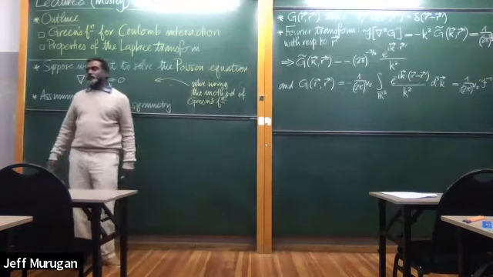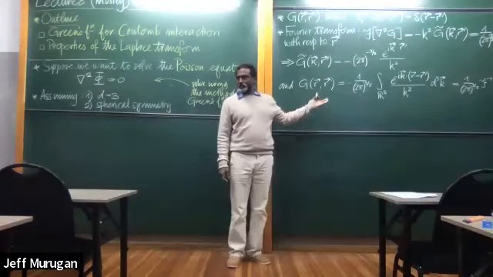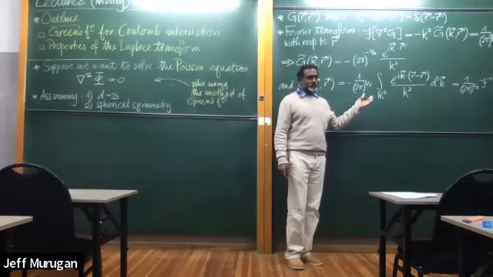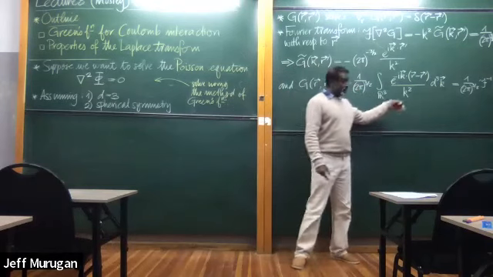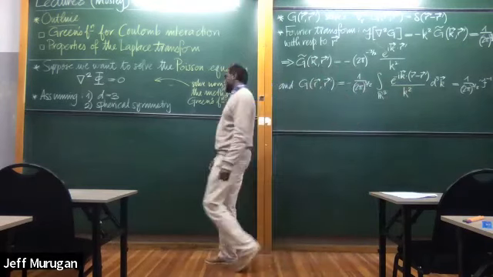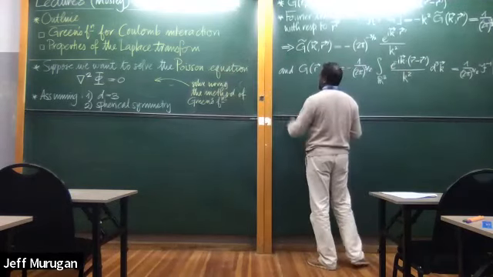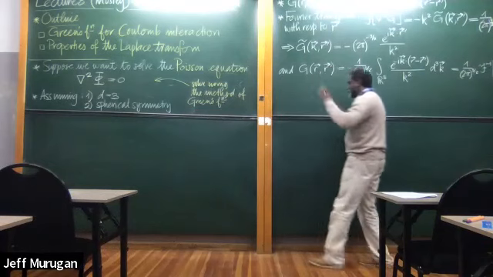And so if I know how to invert 1 over k squared, then I know how to get the Green's function. And again, there are two ways of doing this. The first way, the brute force way, is to do the integral. It's a complex integral, and you have to do the complex integral. So that's the one way of doing it.